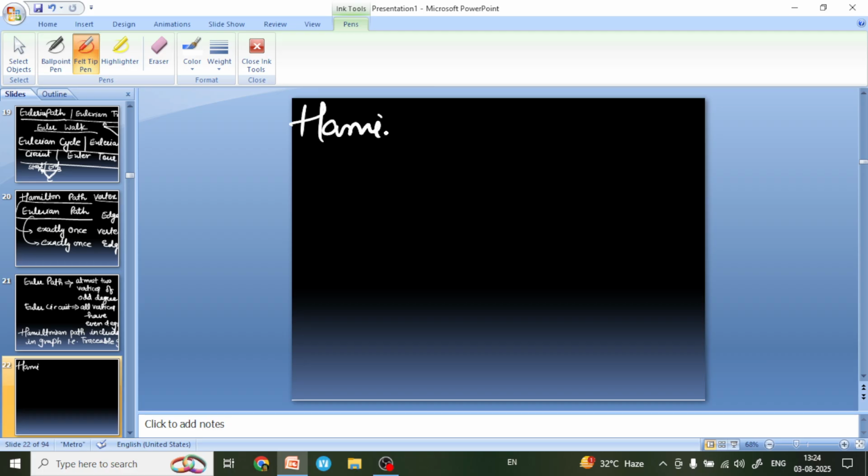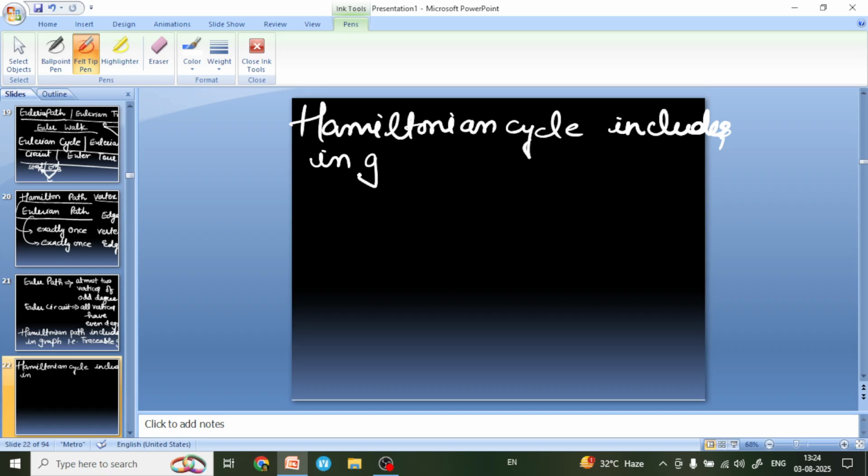A graph which includes a Hamiltonian cycle is known as a Hamiltonian graph.